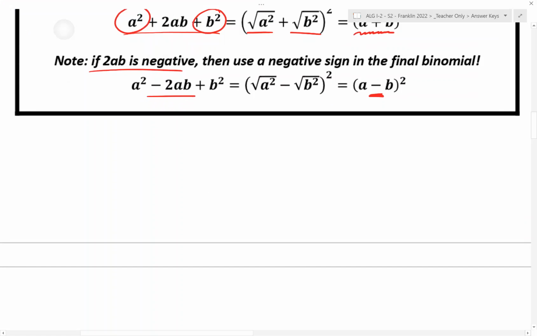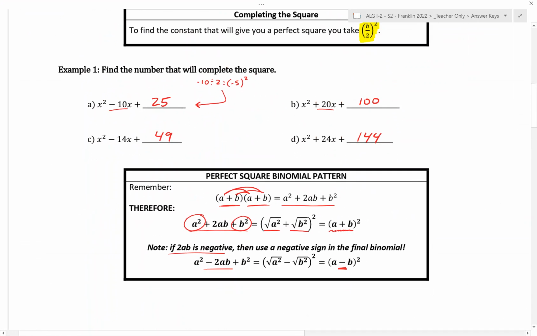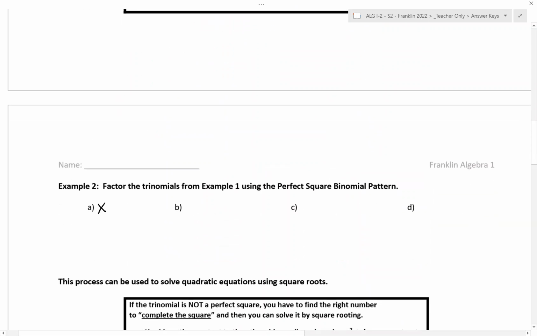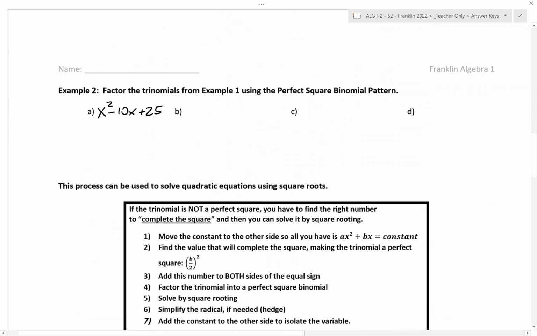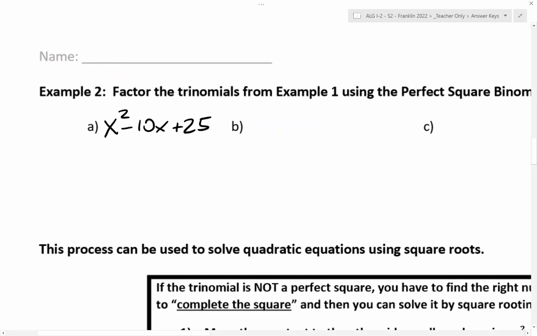So let's use this pattern to factor the examples up here from example 1. So example A was x squared minus 10x plus 25. So we can use this pattern to just know that our factored form is the binomial x, that's the square root of x squared.